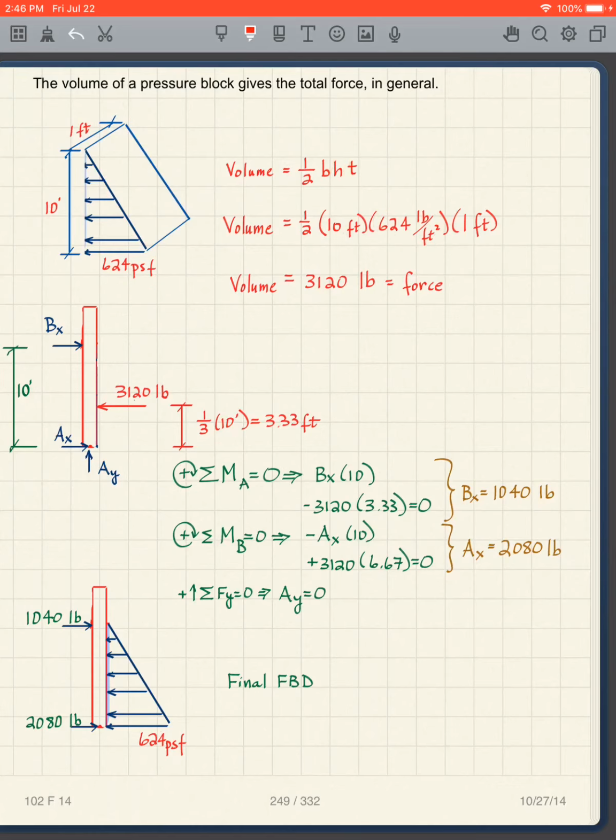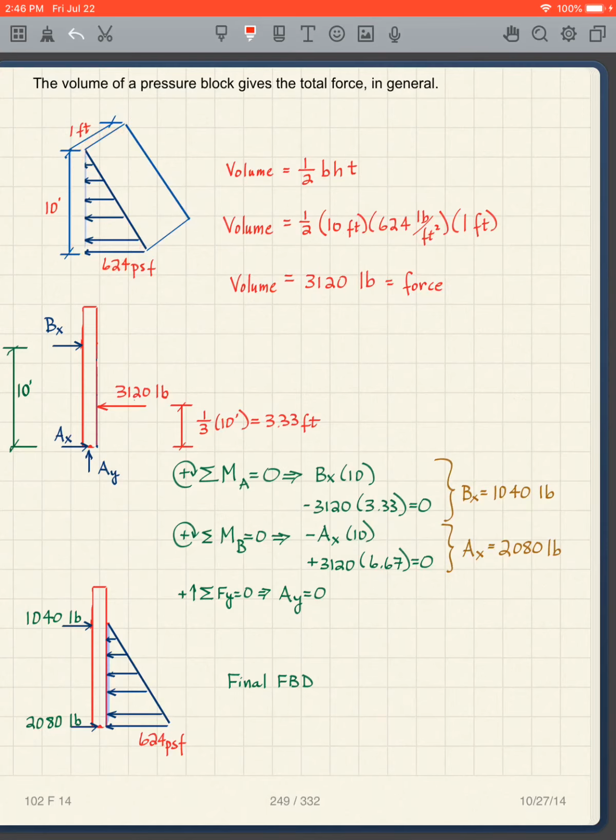And then the thickness, T, is 1 foot. And if I look at this, I'll see that the units cancel out, so I get that feet and that feet canceling with that, and then I end up with only pounds. I multiply it out, I get 3,120 pounds, which is the force. So I've converted my pressure to a force.